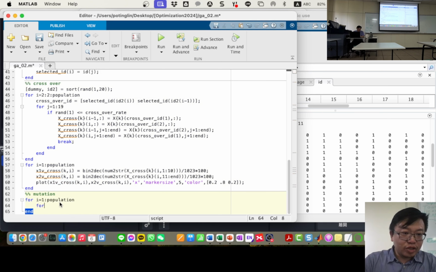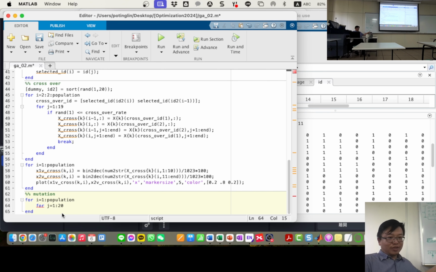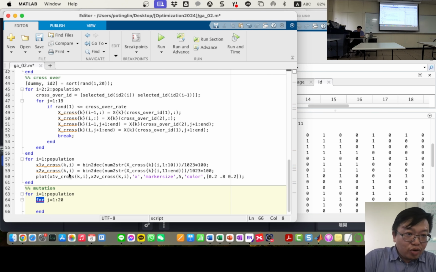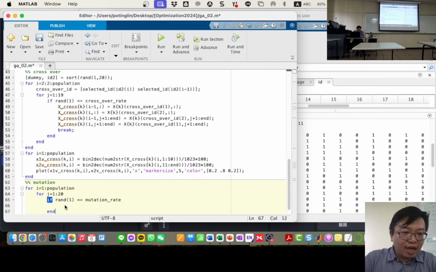and you are going to again have a pointer. Now you can point from the first one to the last one. So if you generate a number that is smaller than or equal to your mutation rate, that particular chromosome's digit will swap from 0 to 1 or 1 to 0.